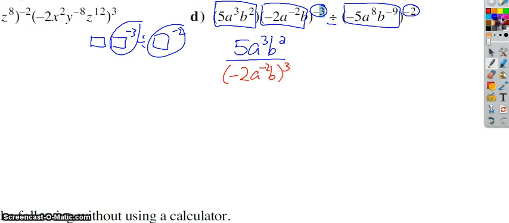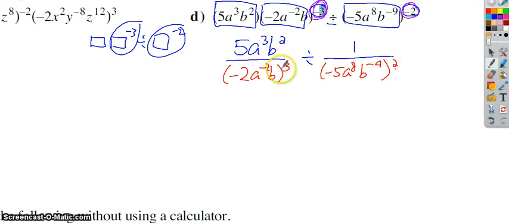I keep the division sign. See, things I didn't change, I keep it there. And then this whole thing goes to the bottom. So these two packages go to the bottom, and the negative exponent changes to positive. The negative 3 becomes positive 3 when we flip to the bottom. The negative 2 becomes positive 2 when we flip to the bottom.